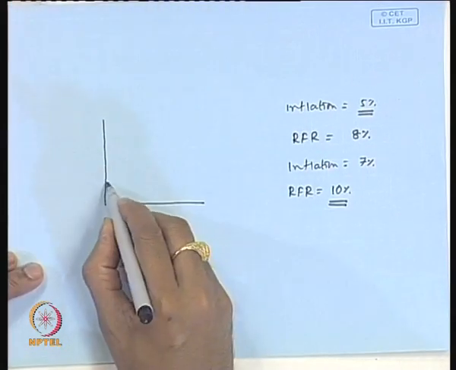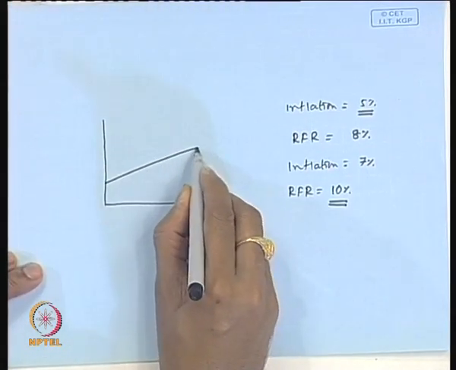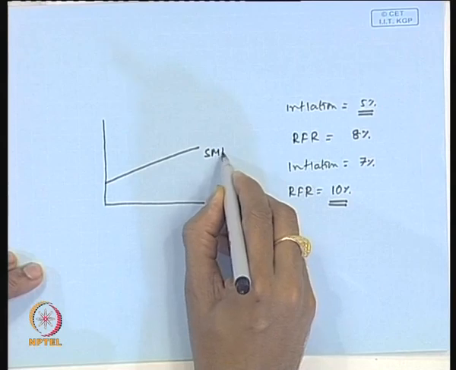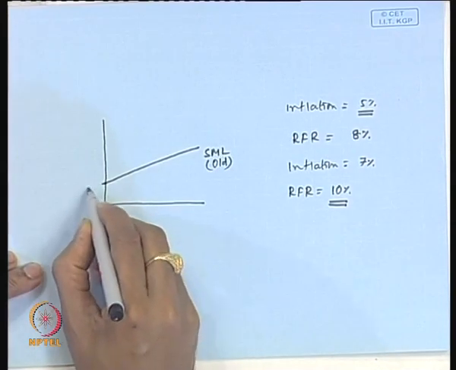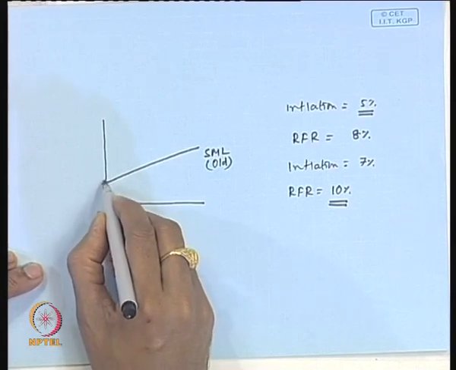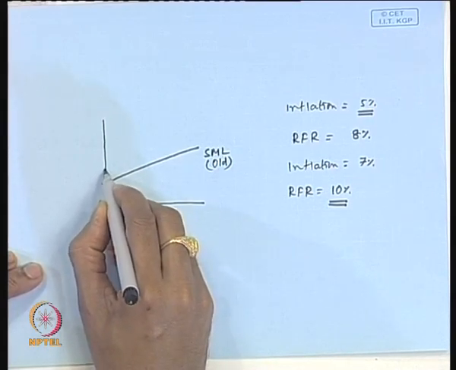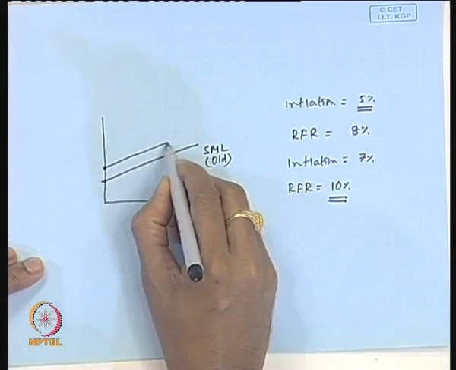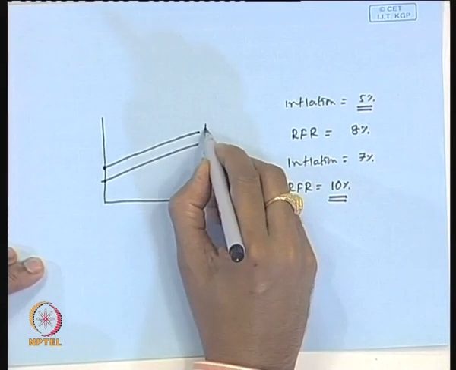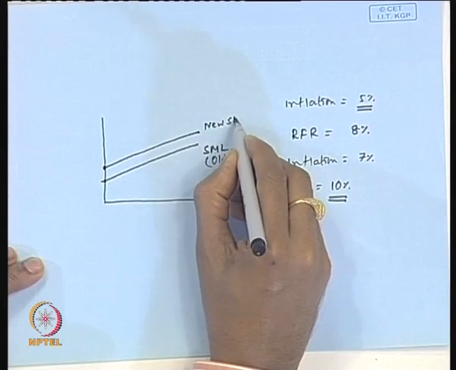In that case, the old SML, which had started at this point, since the RFR itself is changing, it becomes this one, and the graph will just move upward without any change in the slope of the graph. So, this becomes a new SML.